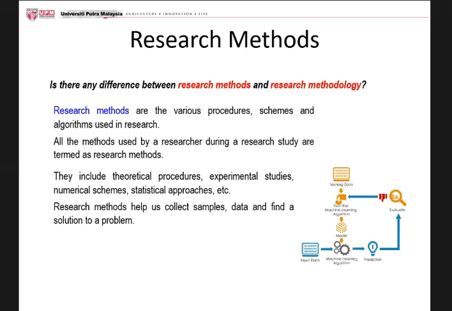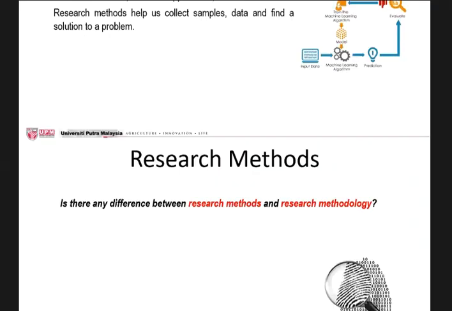So this is something that you undertake to solve a problem, the procedure itself. Maybe you have the objective, maybe you have the conclusion out of it, but we still call it research methods.